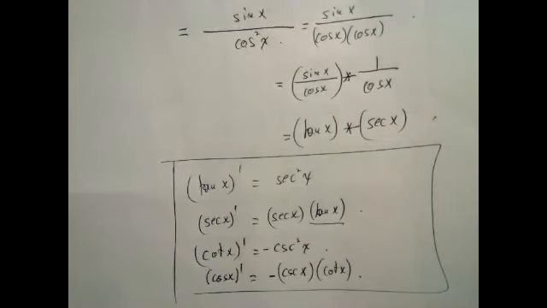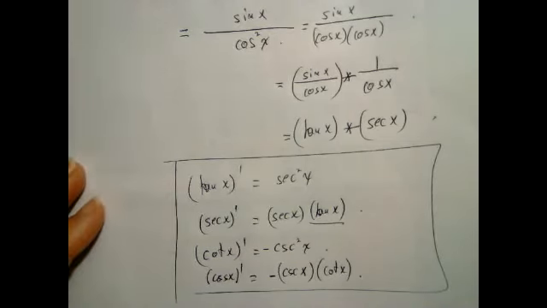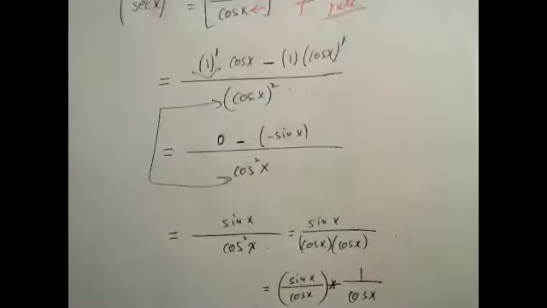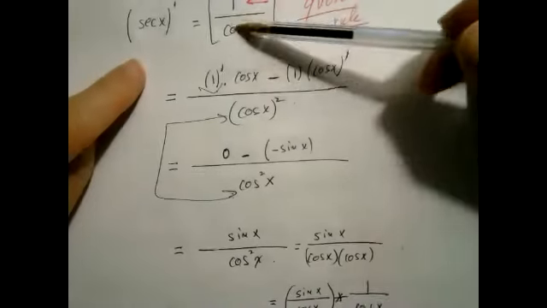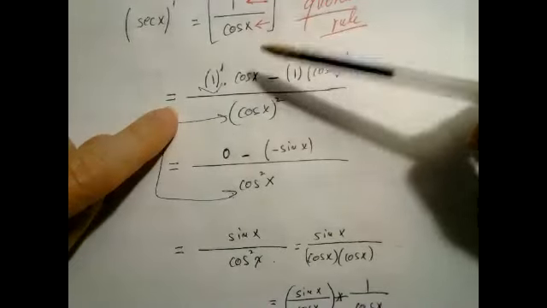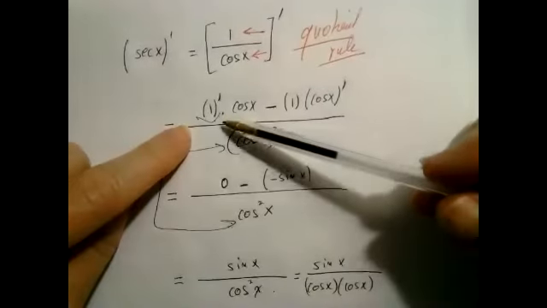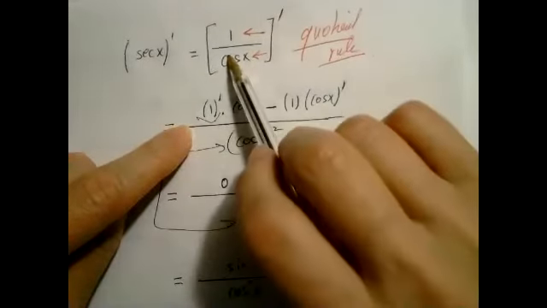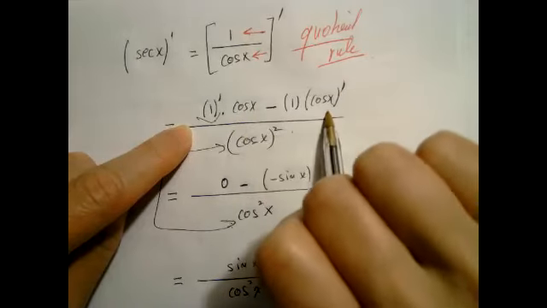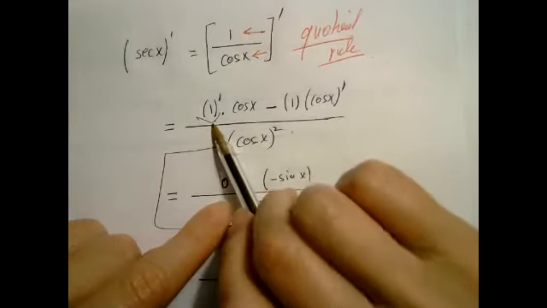All right. I will go back to the question that's addressed there, and then I will go down so you guys can copy. So I'm finding the derivative of secant. Secant is 1 over cosine. And we use the quotient rule. The derivative of 1 times cosine minus 1 times the derivative of cosine. 1 is a constant.